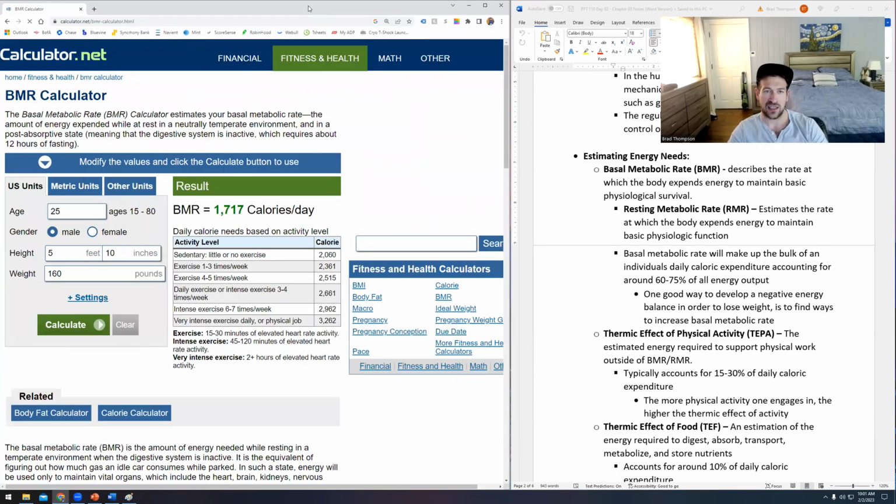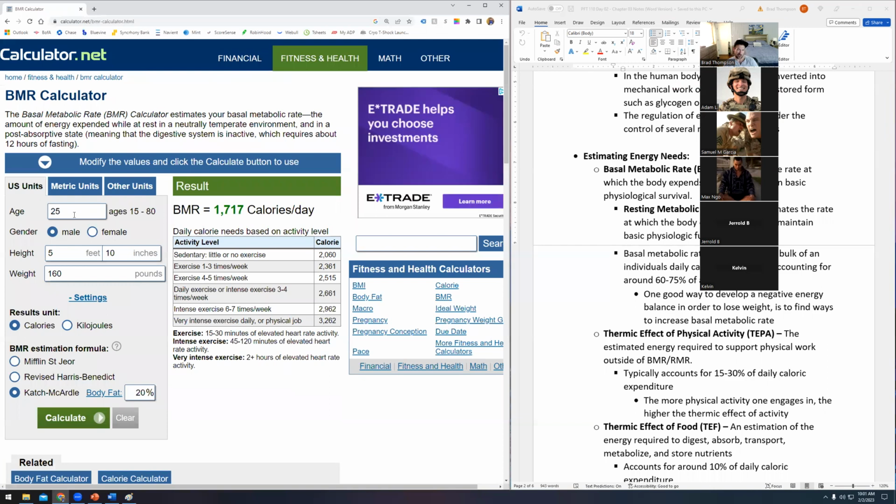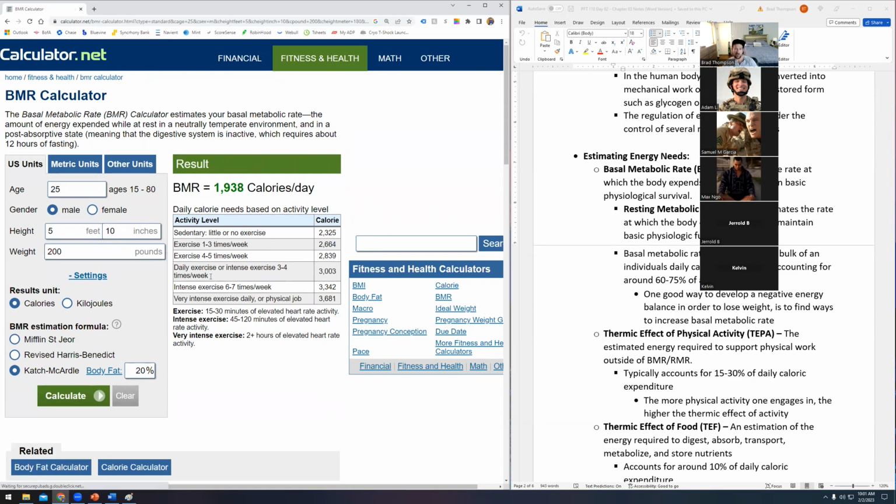And instead of using the Harris-Benedict equation, which only needs age, sex, height, and weight, we're going to use the Katch-McArdle formula. This one's going to use body fat percentage. So let's say I've got a 200-pound client, 25 years old, 5'10".